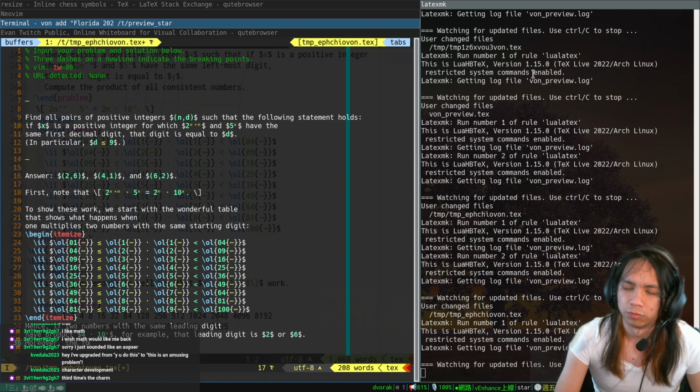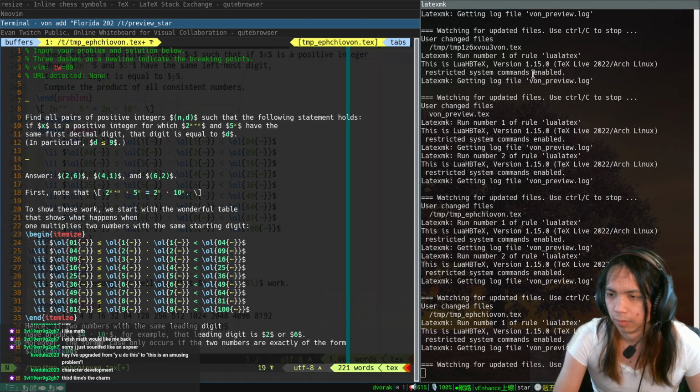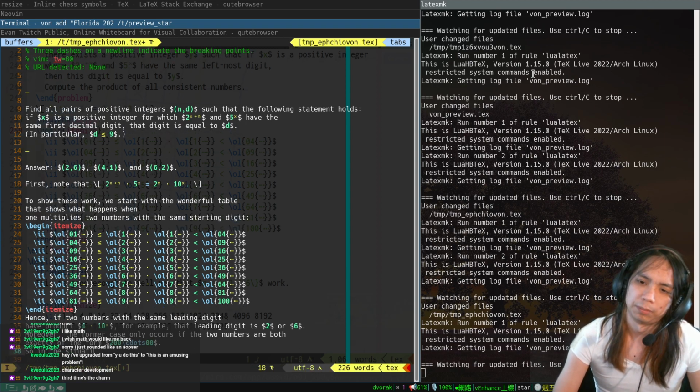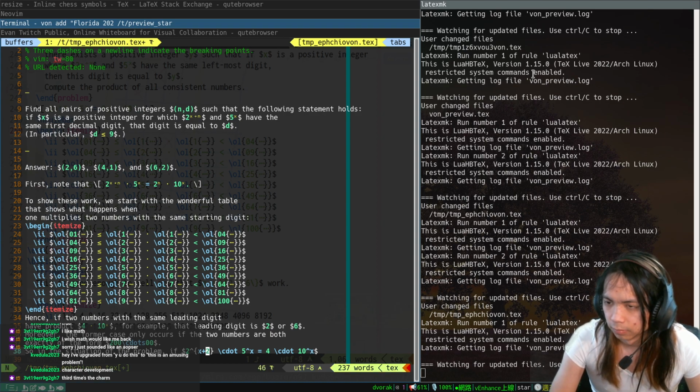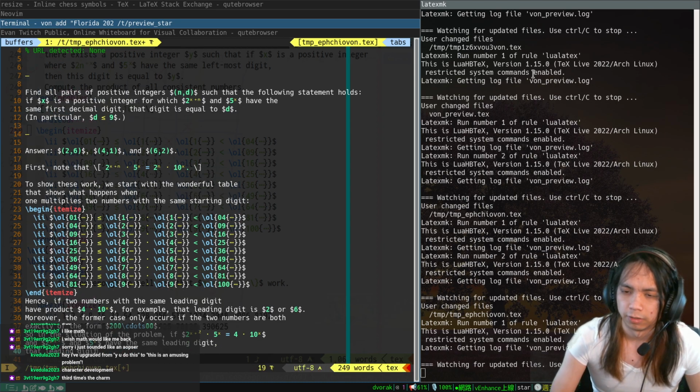Moreover, the former case can only occur if the two numbers are exactly of the form 2 times 0. So in the situation of the problem, if 2 times x plus n has that leading digit, that leading digit must be exactly 6.